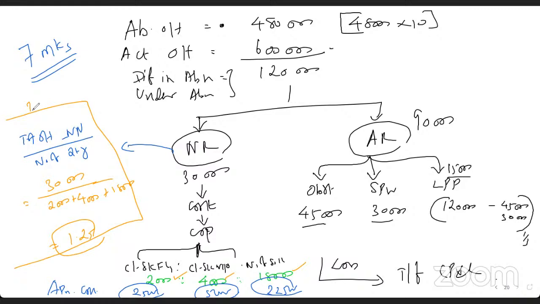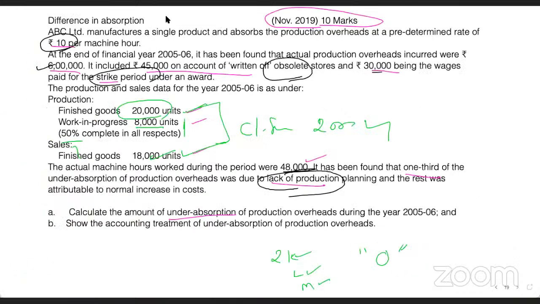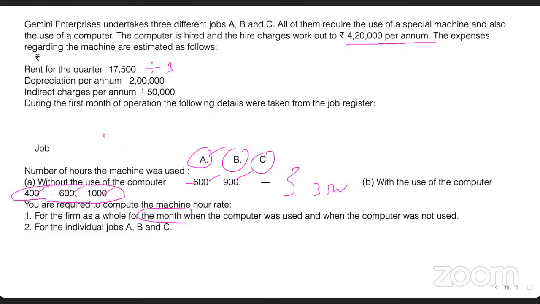Any idea? Very good. Supplementary overhead rate. Rupees 1.25 per unit, 1 rupee 25 paise per unit.